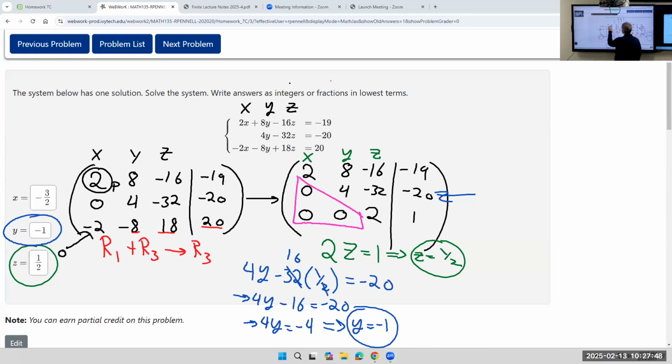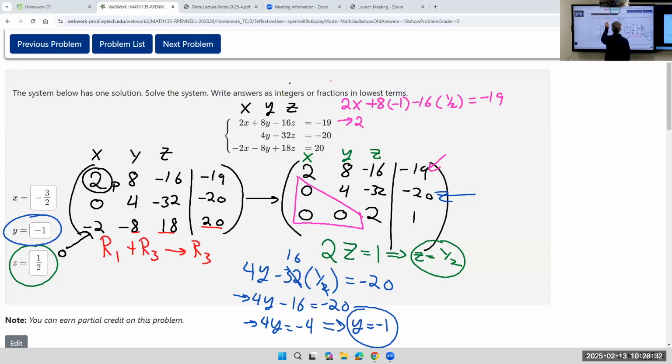So this is going here, 2x plus 8 times y, which I just discovered is negative 1, plus 16z, which I discovered was 1/2, equals negative 19. So if I solve this, I can solve for x, and then I've solved for the entire system. But I have to do a little bit of arithmetic to get there.